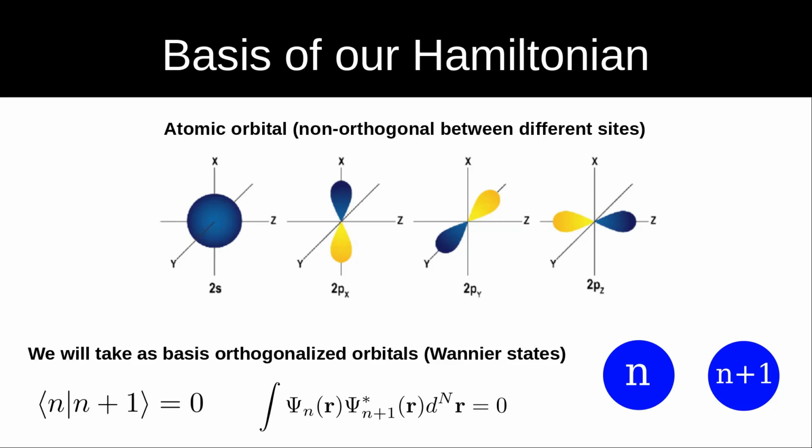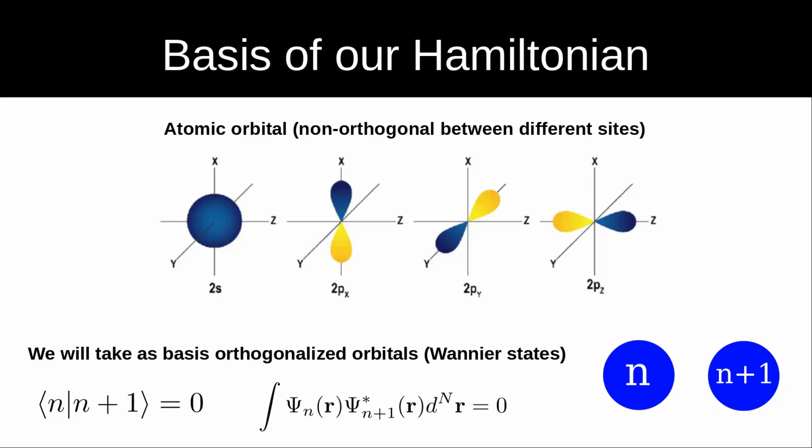And what we are going to take is that we have one relevant orbital in each atom, and that the orbitals are orthogonalized, meaning that even though we have, let's say, atoms at a certain distance and the orbitals have some finite overlap, we just make a linear combination of those orbitals so that we can find a local basis where the overlap between different orbitals is essentially zero.